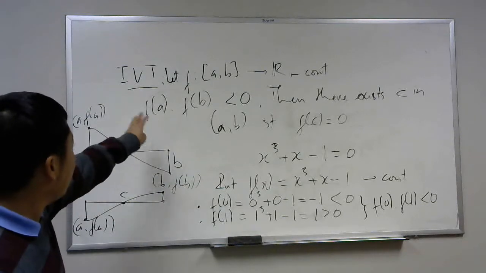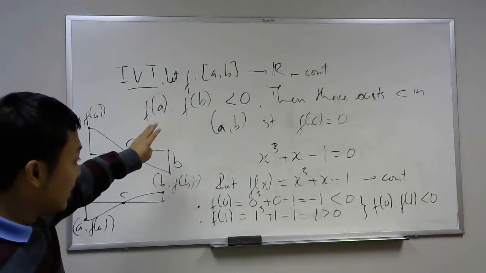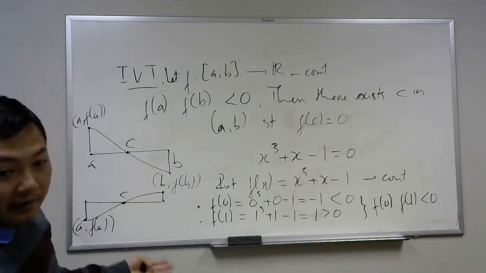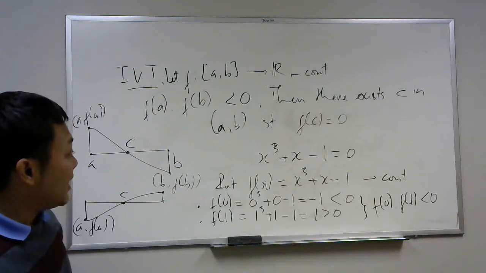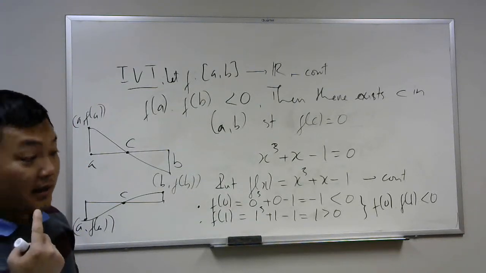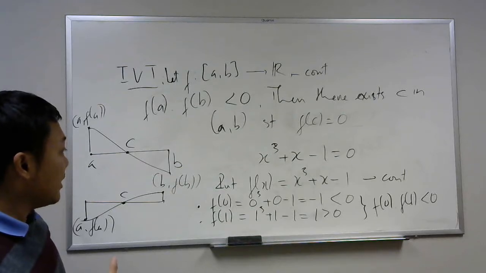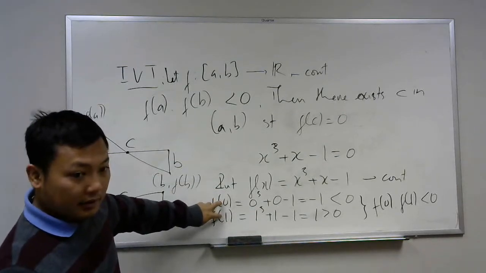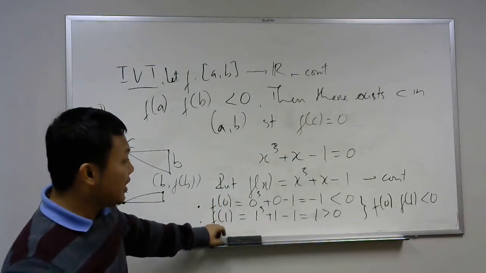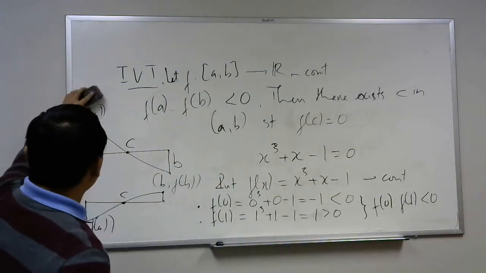So all conditions in the IVT theorem are satisfied. And then we say by the IVT theorem, there exists at least one C in the interval (0, 1) such that f(C) equals 0.